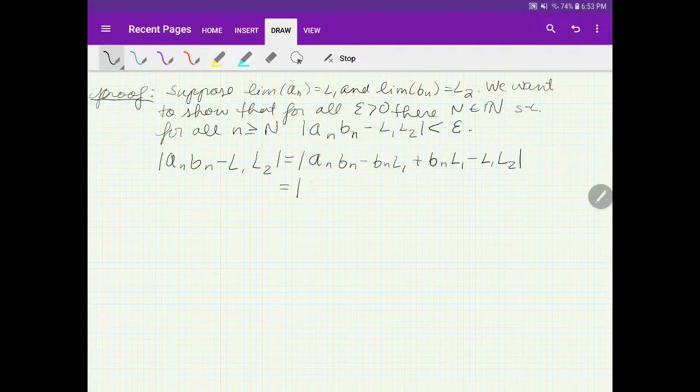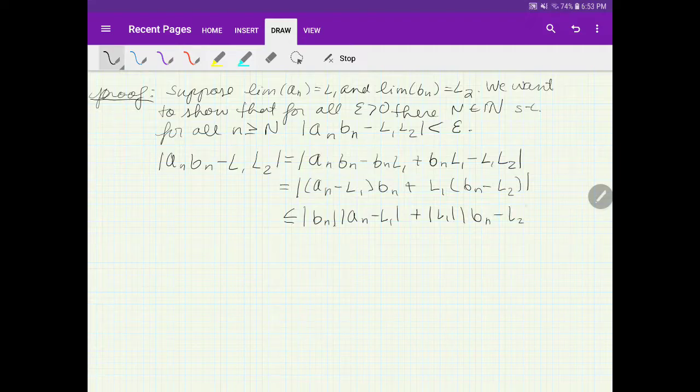So that's equal to a sub n minus L1 times b sub n plus L1 times b sub n minus L2. So then by the triangle inequality, that's less than or equal to the absolute value of b sub n times a sub n minus L1 plus the absolute value of L1 times the absolute value of b sub n minus L2. And that's by the triangle inequality.